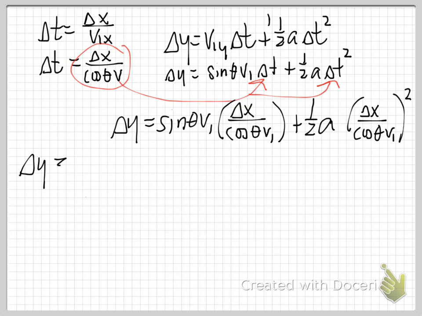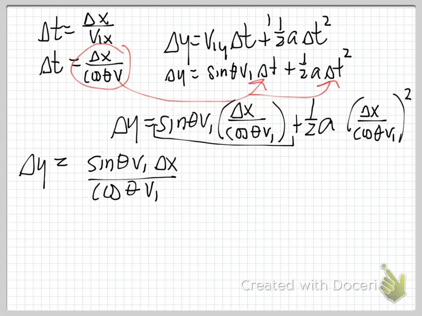So delta y equals, if we multiply this first chunk, we get sine theta vi delta x over cosine theta vi plus, and let's multiply this other piece across also, remembering that, of course, we can put the squared inside.